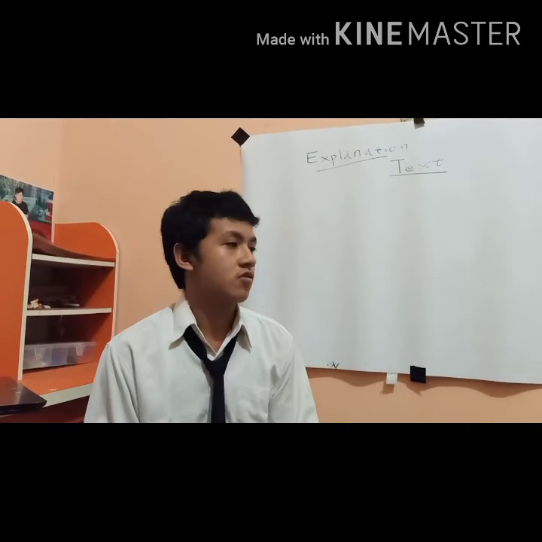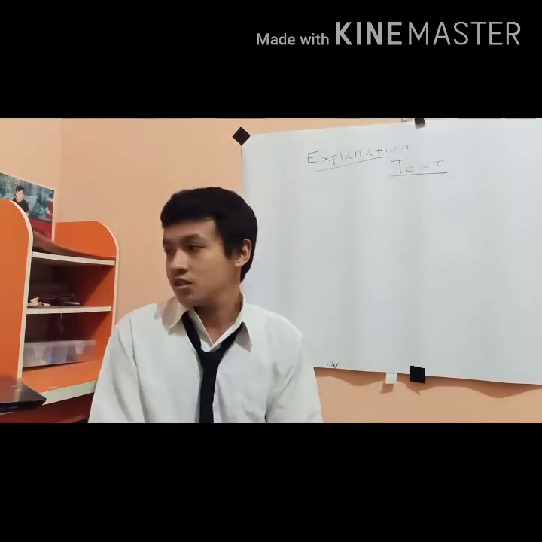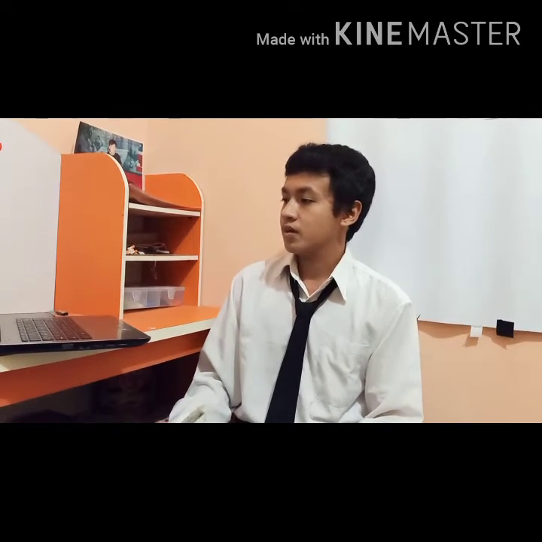If you don't know, I will give you a definition about explanation text. Explanation text is a text which tells the process relating to forming of natural, social, scientific, and cultural phenomena. Explanation text is to say why and how.